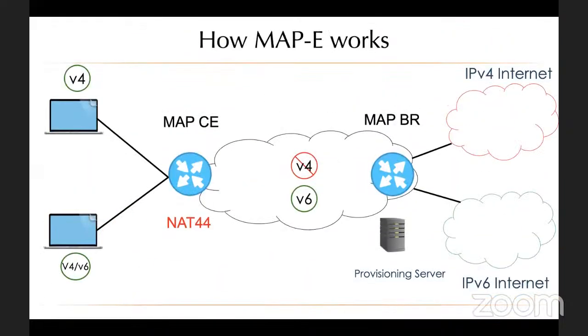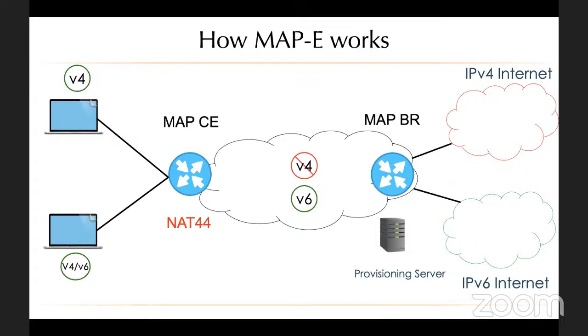So the CPE has gotten the basic mapping rules, right? Which instruct the CPE on how to encapsulate the IPv4 packets in IPv6, right? And the basic mapping rule configured on the CPE is similar in the same domain, right?